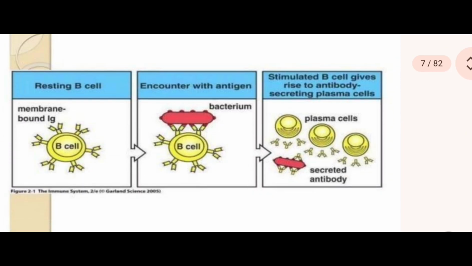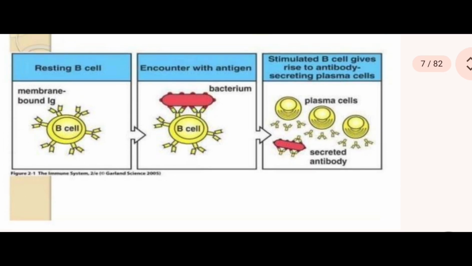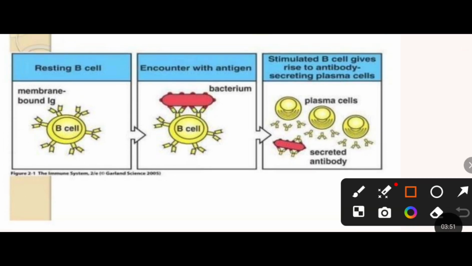Now I'll see. So this is a resting B cell. In the resting B cell there are membrane bound immunoglobulins, and these membrane bound immunoglobulins encounter an antigen, suppose the antigen is a bacteria.